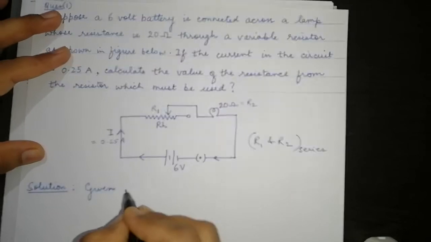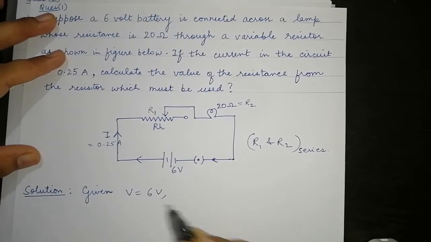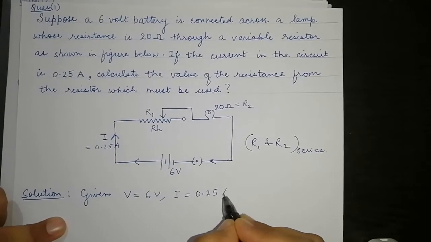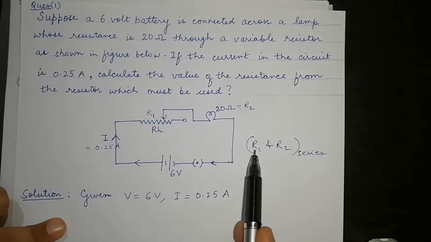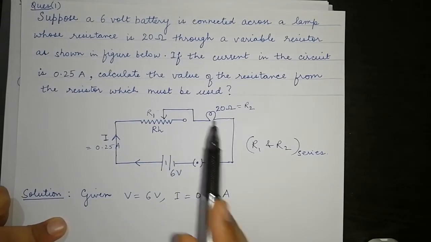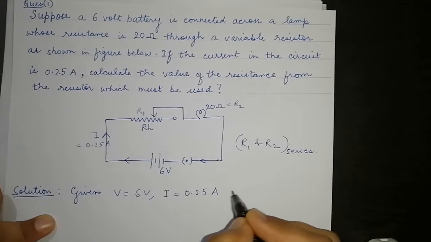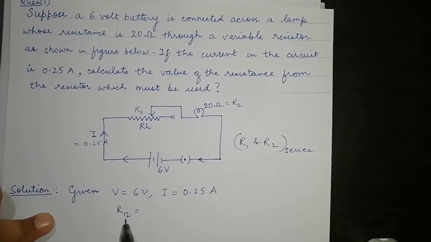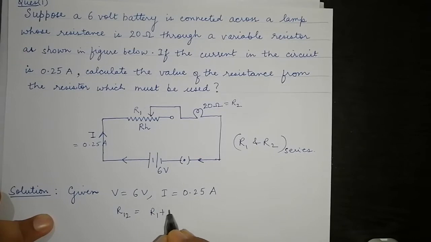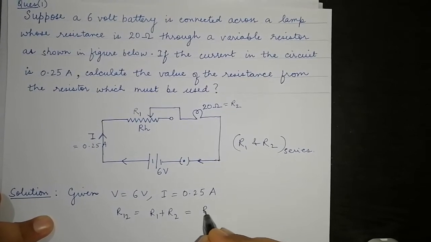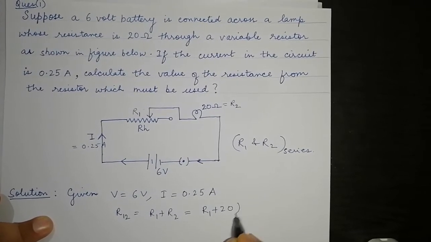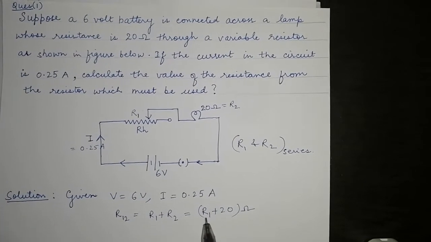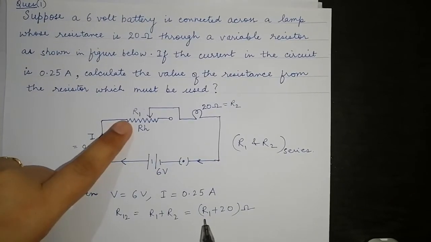So given is V is equal to 6 volt, I is equal to 0.25 ampere. Now R1 and R2, since they are connected in series, we'll write here R12, that is the combination of R1 and R2, is equal to R1 plus R2, which is equal to R1 plus 20 ohm.